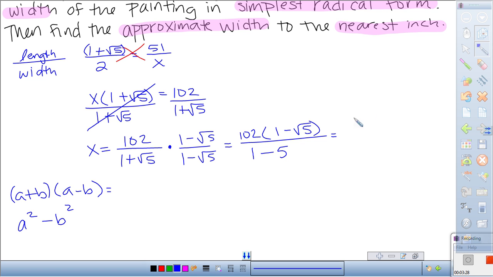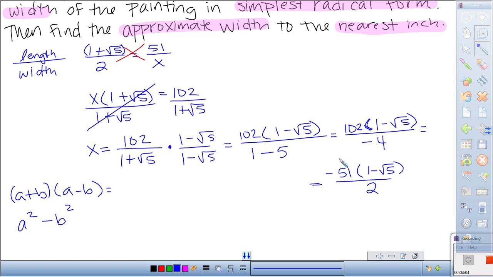So we have 102 times the quantity 1 minus the square root of 5 divided by 1 minus 5, which is negative 4. And then we want to go ahead and simplify this fraction, 102 divided by negative 4. That simplifies to be negative 51 times the quantity 1 minus the square root of 5 divided by 2.